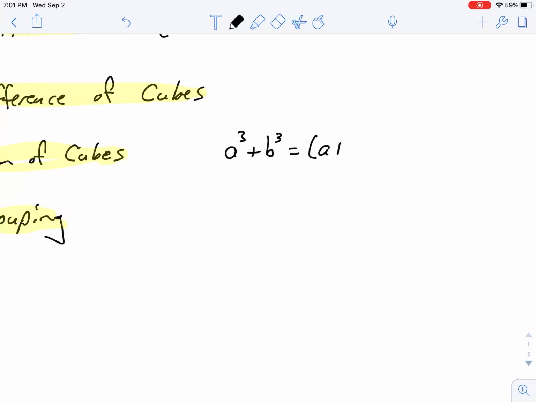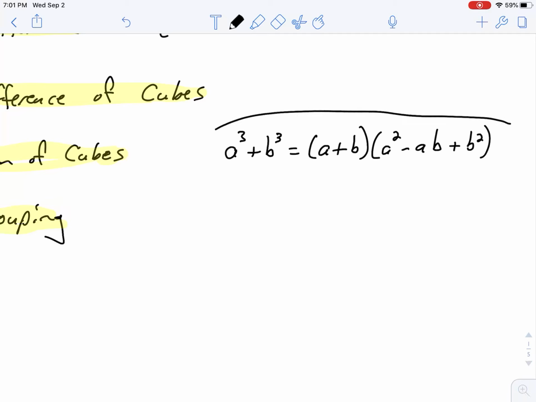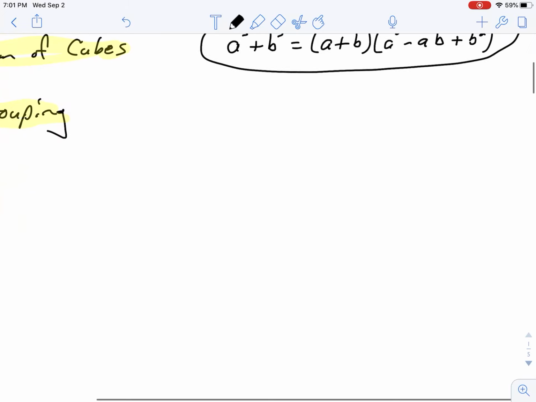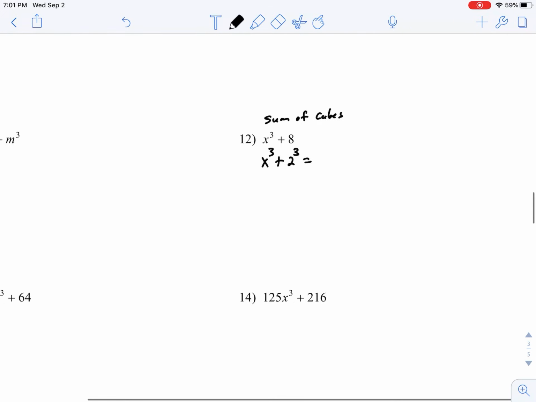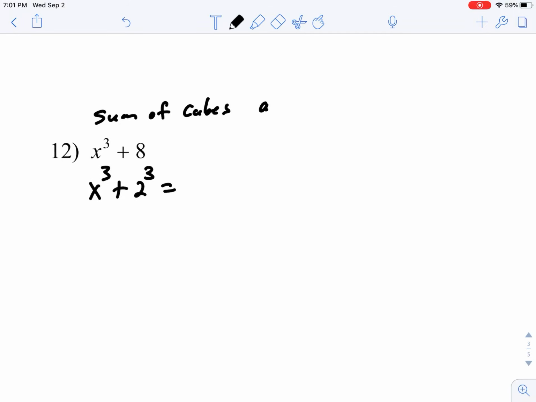It starts out a plus b, and it goes a squared minus ab plus b squared. So that's a little more complicated. I'm going to rewrite it down here so I don't have to keep scrolling up and down: a cubed plus b cubed equals (a plus b) times (a squared minus ab plus b squared).